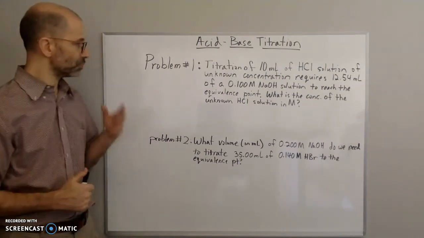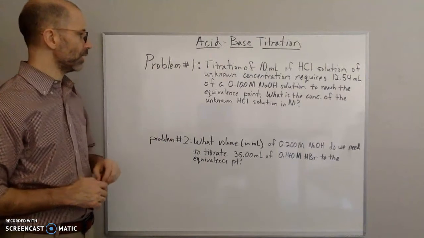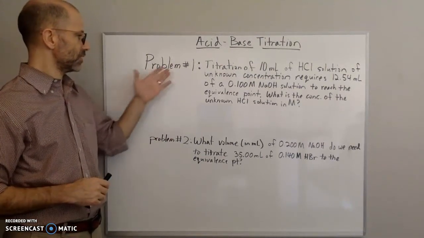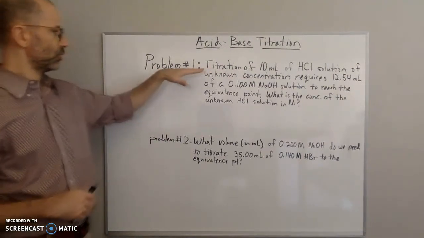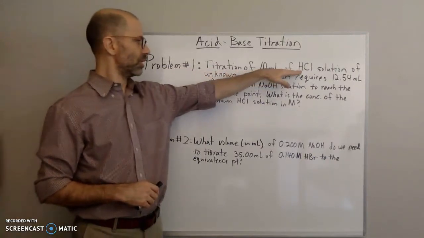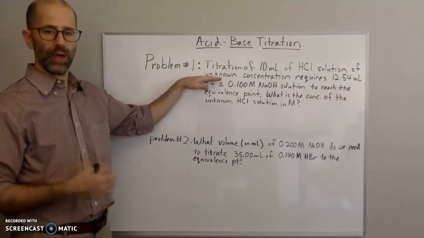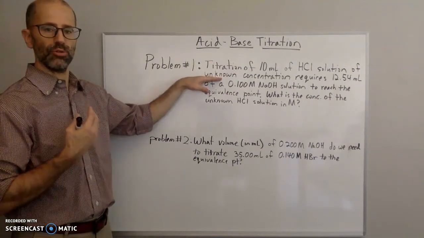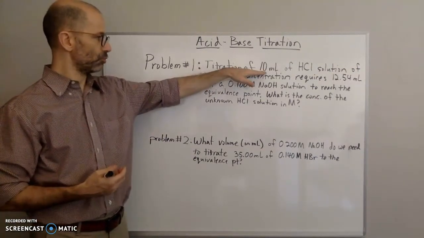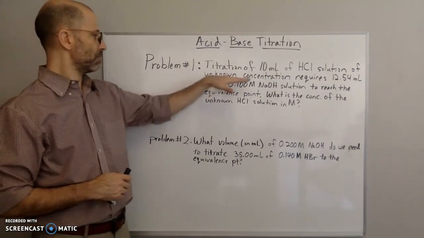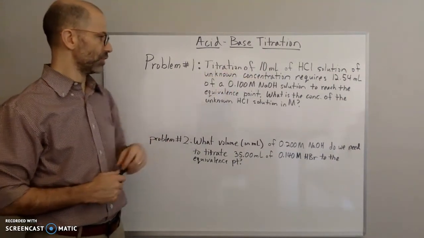Okay, so the first problem is saying that you have a titration of 10 mL of HCl solution of unknown concentration. So you know the volume, but you don't know the concentration.